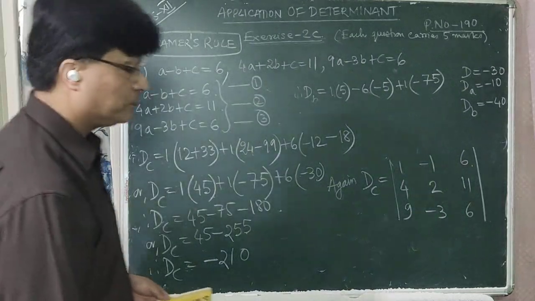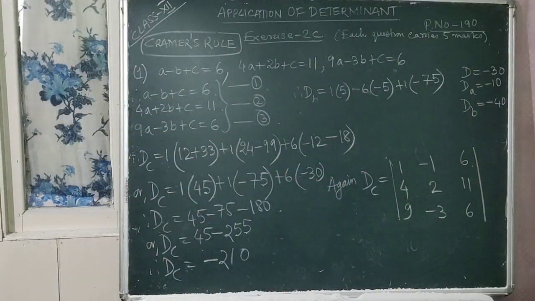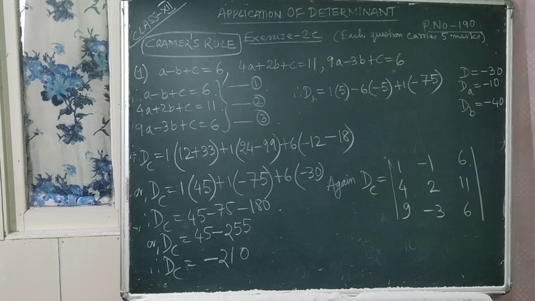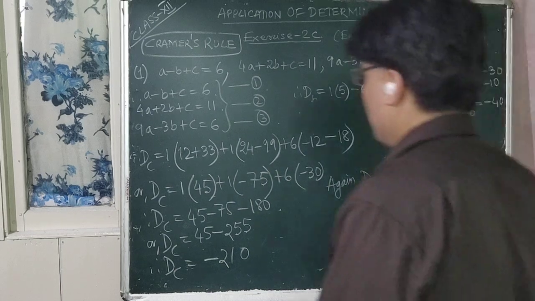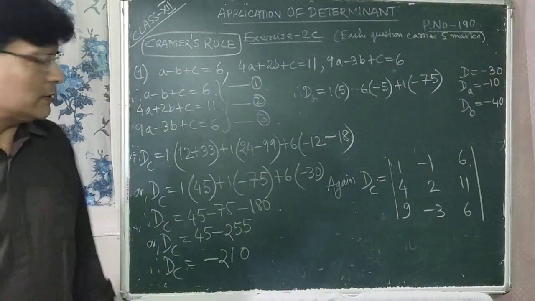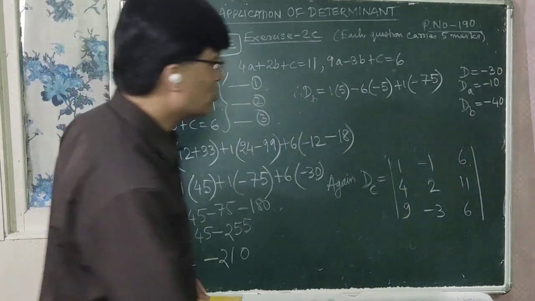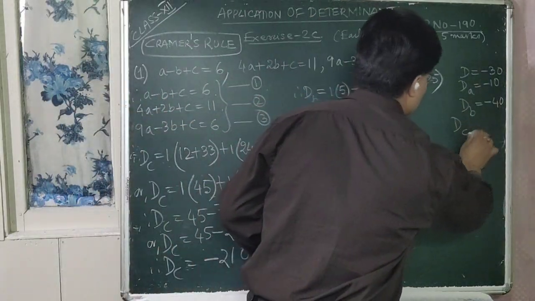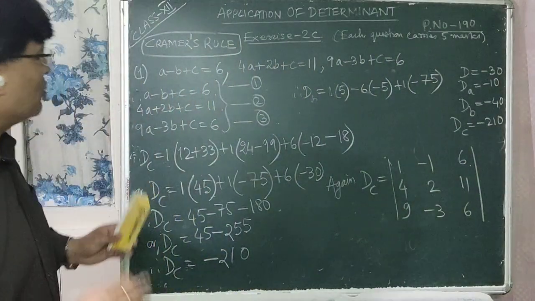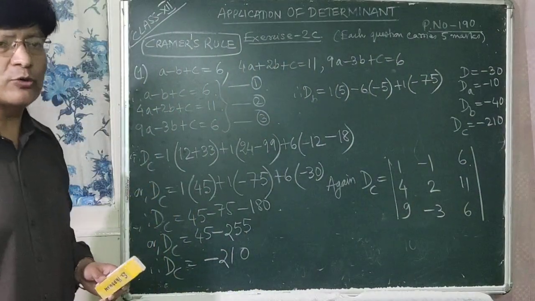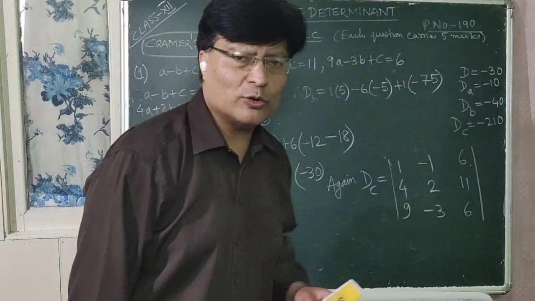So now here, this DC is equal to minus 210. So let us write here DC is equal to minus 210. Okay. So now we have to get the values of those unknown quantities. So which are the unknown quantities here?